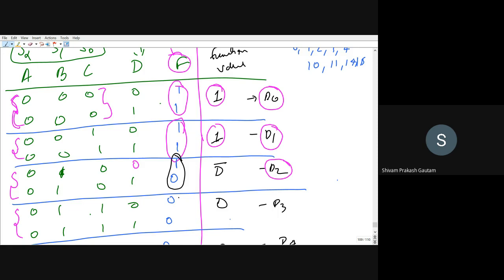For 0 1 0, that is for the D2 input, our function is a function of variable D, and not D but D bar. Why D bar? Because whenever D is 0, the function gives 1, and whenever D is 1, our output is 0. So that is why I have written D bar. If instead of 1 it were 0 and 1, then we would have given D here, instead of D bar.